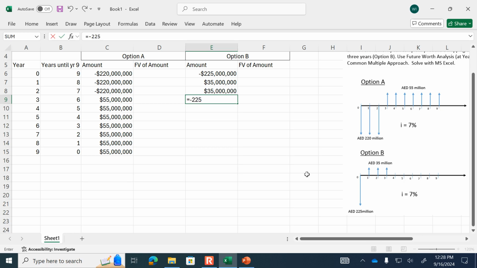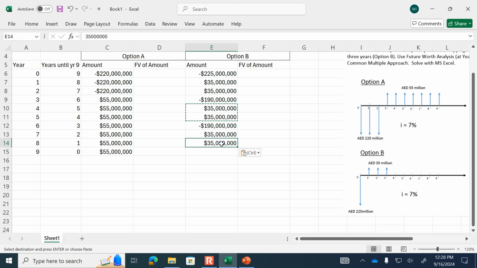So equals minus 225 million plus 35 million. Okay, then we're back to 2 years of 35 million, and then we buy it and have revenue again, and then just 3 years of the revenue after that.